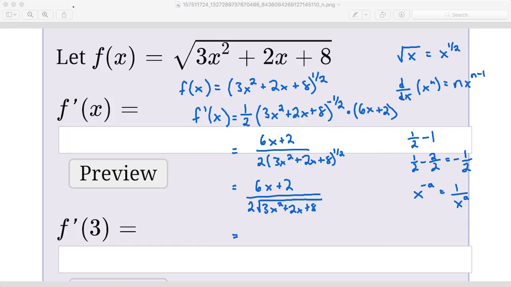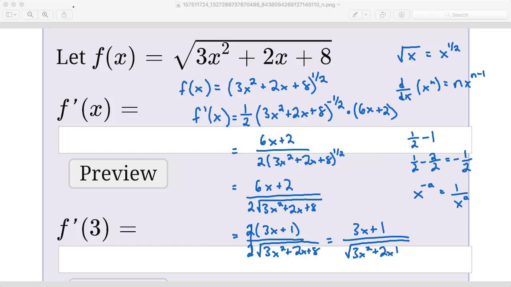If we pull out a 2, the first term would be 3x, and the second term we would have a 1, divided by the 2 square root of 3x squared plus 2x plus 8. And the 2's will cancel to leave us with the derivative would be 3x plus 1 over the square root of 3x squared plus 2x plus 8. So that would be our derivative.